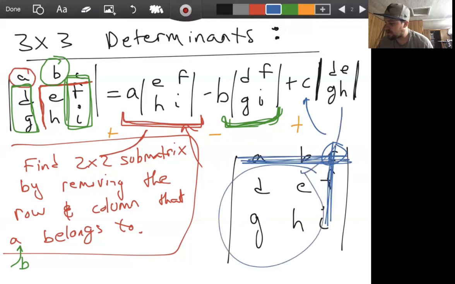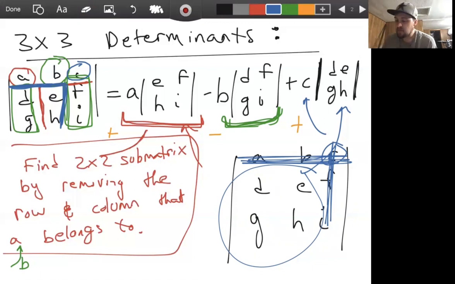And you'll see it's exactly this D, E, G, H. And so over here, we took C times the determinant of the submatrix D, E, G, H. And this is our formula for being able to calculate a determinant of a 3x3 matrix. So this is the formula, and hopefully now with this intuition, it becomes, after some examples, more or less routine.